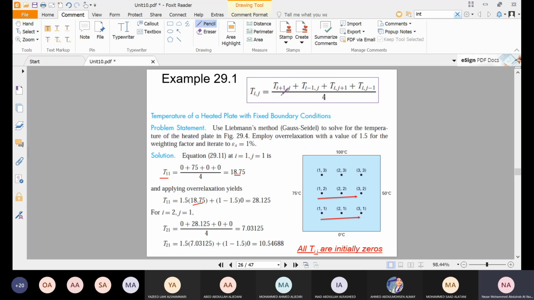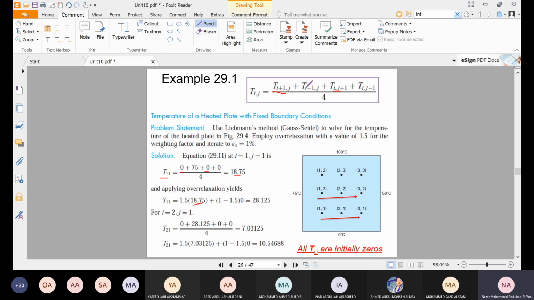So here we have T2,1, and we also have T1,2. From the definition of the Gauss-Seidel method, initially all the values here are zeros. This is initially 0, and this is the second 0.